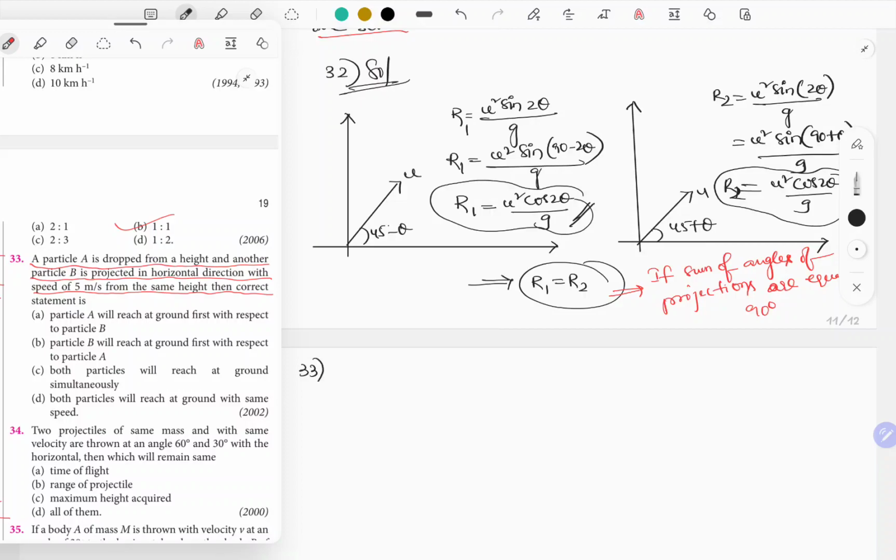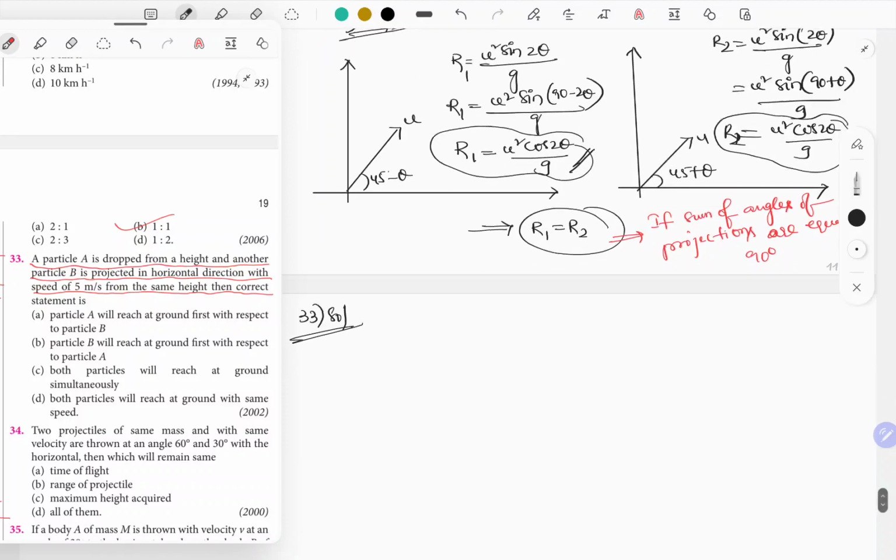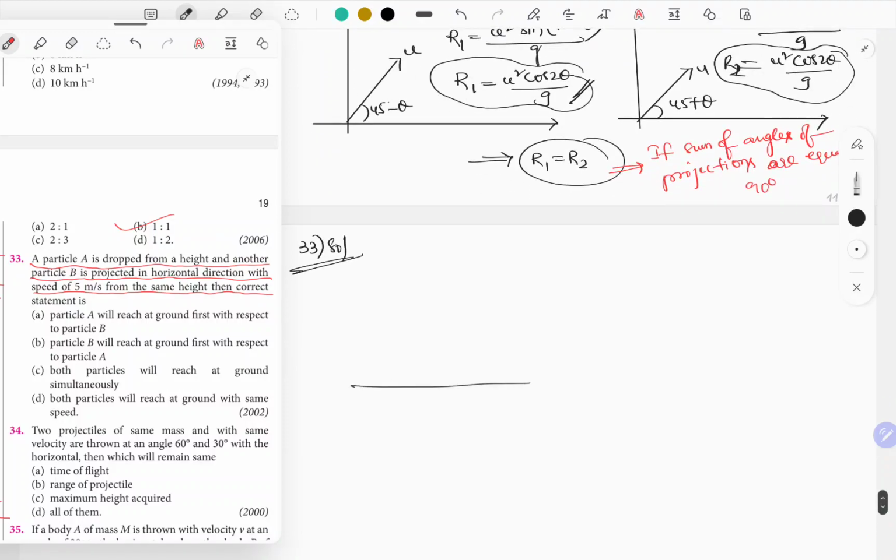Question number 33. So one particle is dropped. Let's say particle A is dropped from a height, let's say it is h. Dropped in the sense initial velocity is equal to 0. Okay. So from the same height, another particle is projected in a horizontal direction with a velocity 5 meter per second.